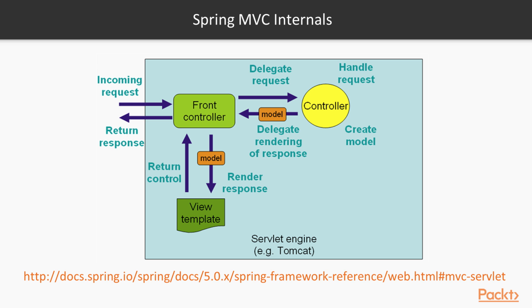Then the front controller renders a response by invoking the view template engine, which renders the particular data that comes from the controller to the view template. And then after the rendering process, the result goes back to the front controller, so that the front controller, as part of a usual servlet response, will return it to the calling client.